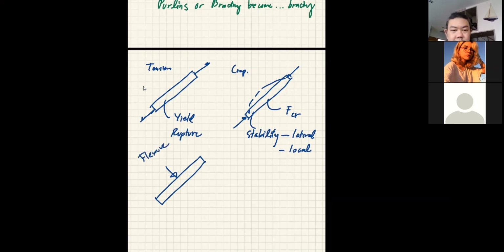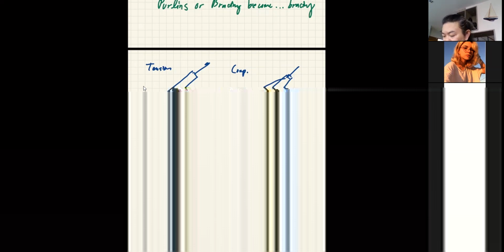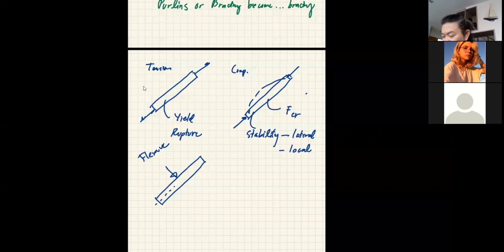Now in tension or compression, the stress is always uniform, right? But the problem with the compression member is that you don't know what that stress is going to be, but you know it's going to be uniform. But for flexure, the definition of the flexural member is that you have the load perpendicular to the principal axis of your structure.